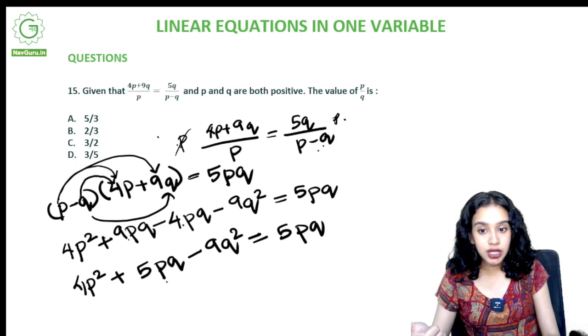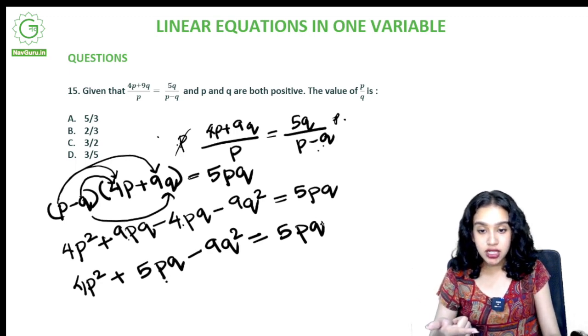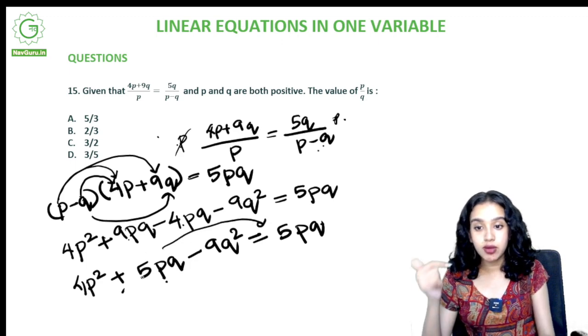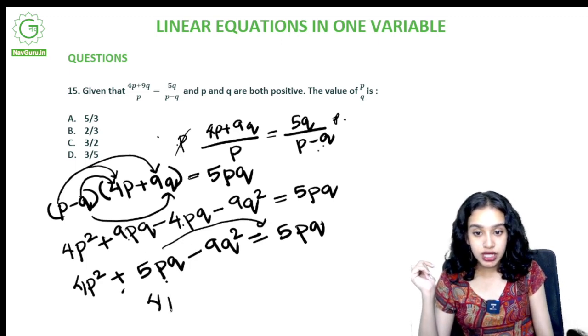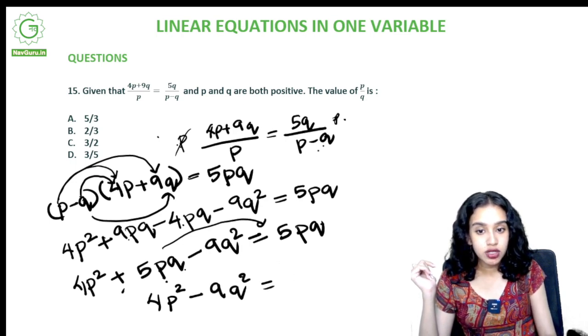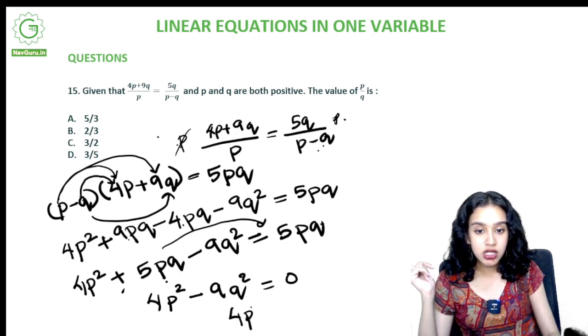Now we have 5pq on this side and 5pq on the other side. So I am taking this plus 5pq to the other side, it becomes minus 5pq. So we get 4p square minus 9q square is equal to 5pq minus 5pq, which is 0. So we get 4p square is equal to 9q square.